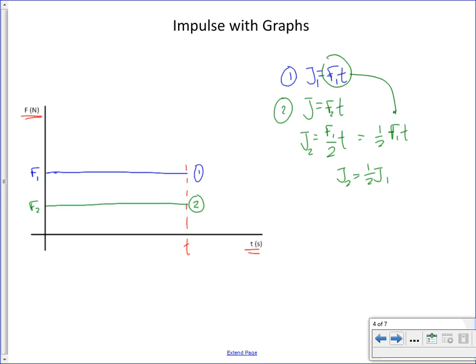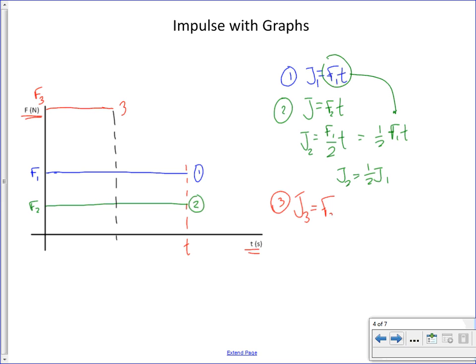Let's look at a third case where we do this. We'll call this F3. And so we could say that this is case 3.